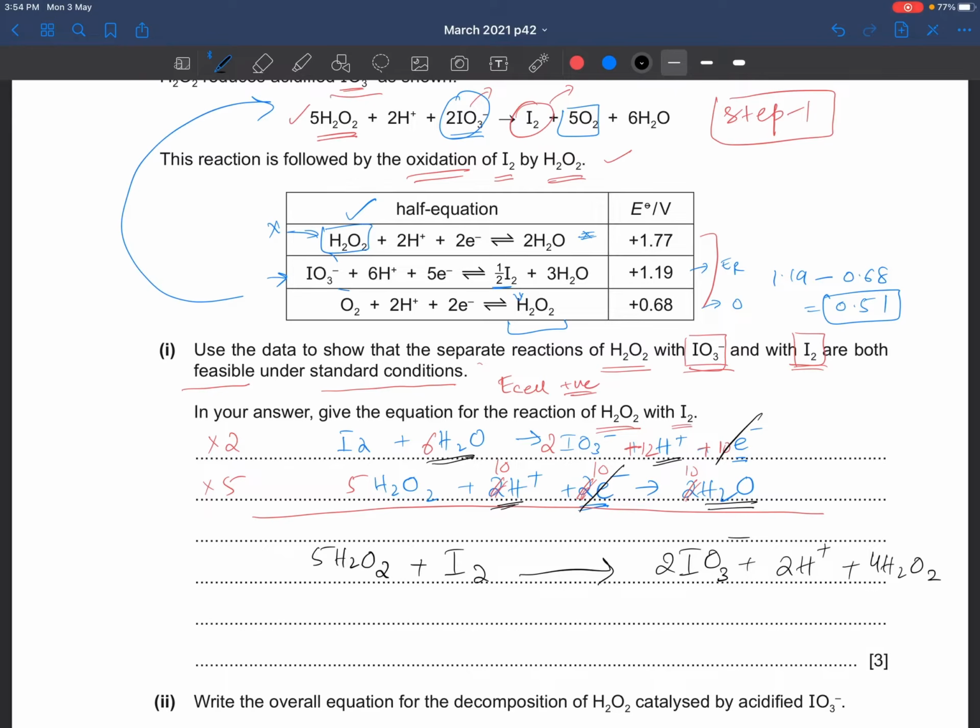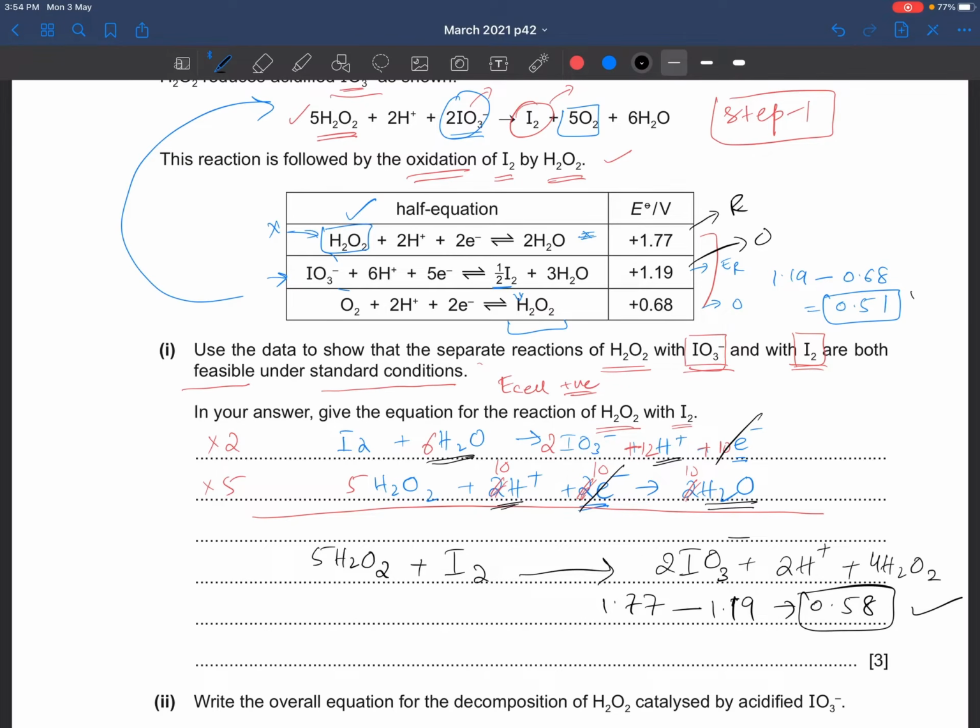So this is the equation for step 2, and now we have to calculate the E naught values. This was the reduction value, and this is the oxidation value. So 1.77 minus 1.19 equals 0.58. Again, this is a positive value, so the reaction is feasible.